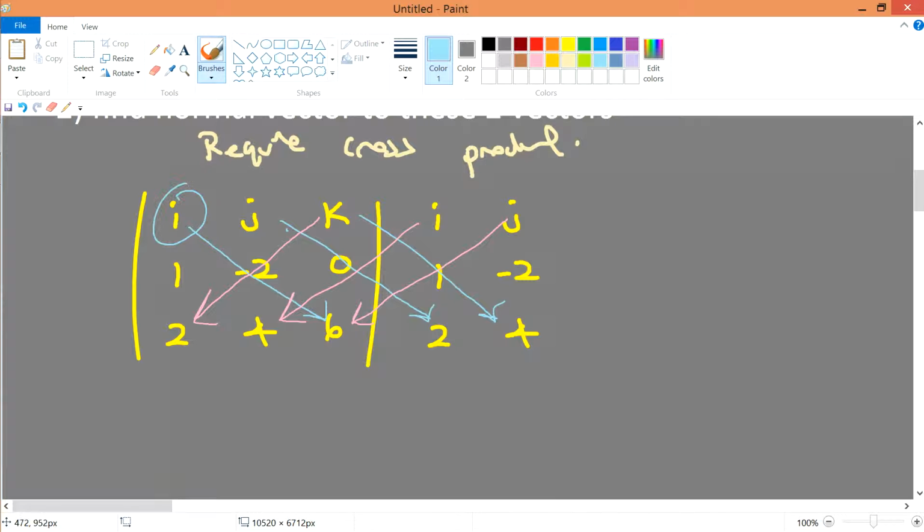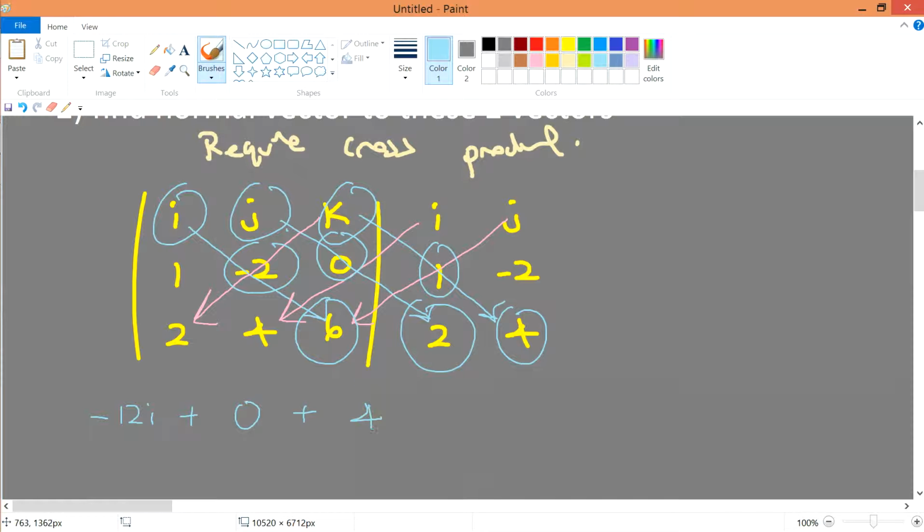I have i times minus 2 times 6, so I have minus 12i over here. Plus j times 0 times 2, I would have 0 because everything times 0 is 0. And then k times 1 times 4, it's 4k.